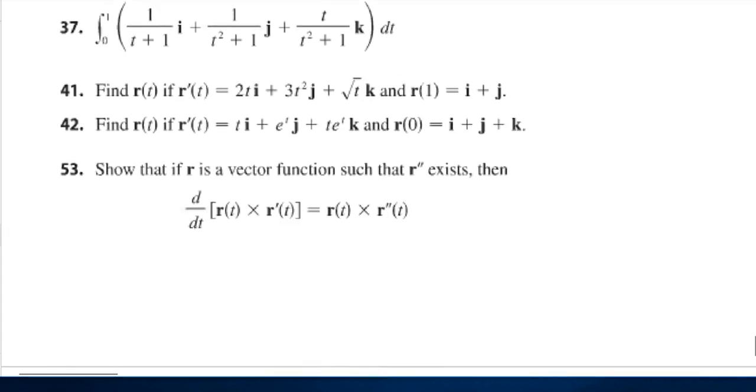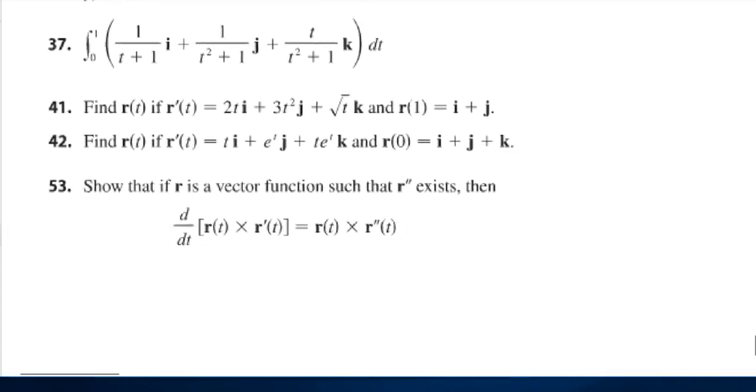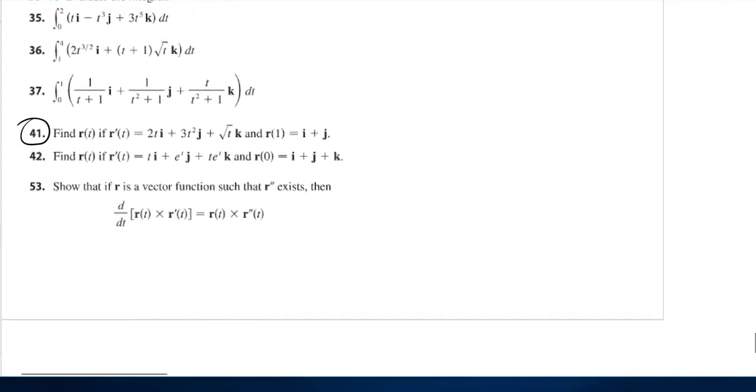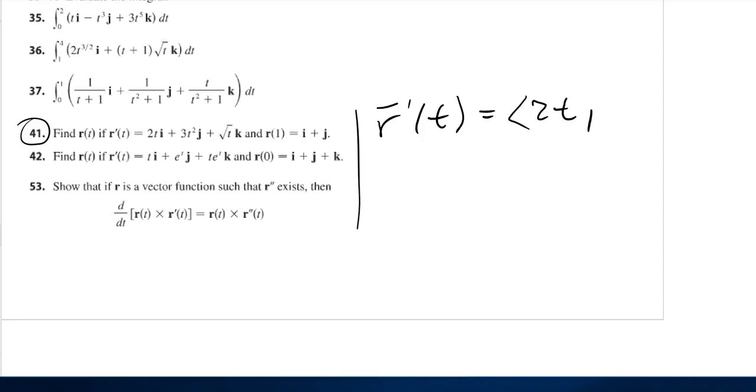Now, there's a complication in this that I want to show you, and that's number 41 and 42. Which one do I want to do? Let's try 41. So 41 gives you the derivative, and it wants you to find r. So 41, r prime of t is 2t, comma, 3t squared, comma, square root of t.